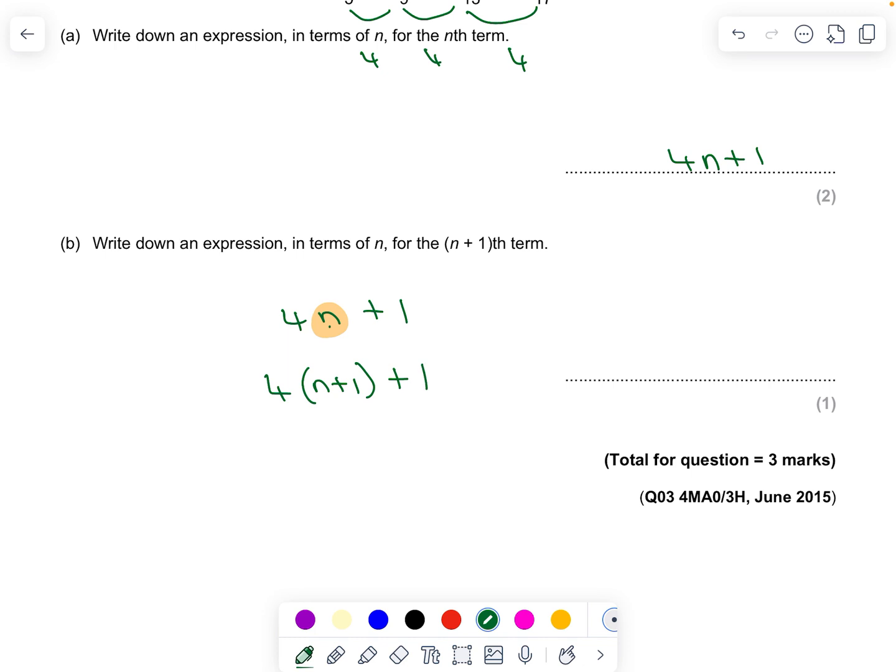That's it. Some of you did multiply out the brackets and wrote 4n plus 4 plus 1, which gives you 4n plus 5. Don't worry, if you didn't, you would still have got the full marks, the 1 mark that's available by writing that.